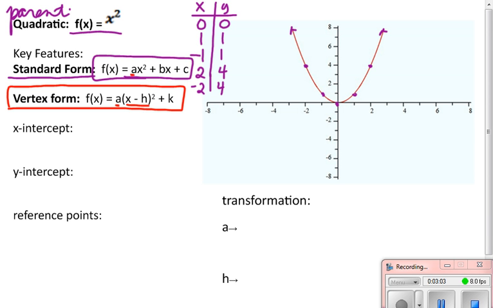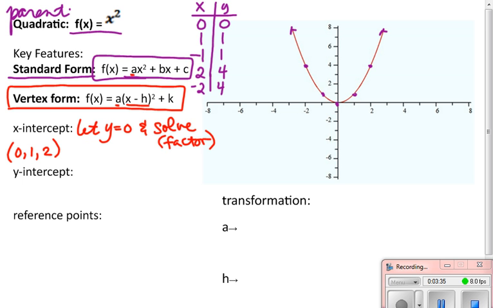So how can we go about finding and handling these different forms and equations? So to find the x-intercept, you let y equal 0 and solve. Now this may involve factoring or using the quadratic formula to find those points. And remember, there can be 0, 1, or 2 x-intercepts with a quadratic.